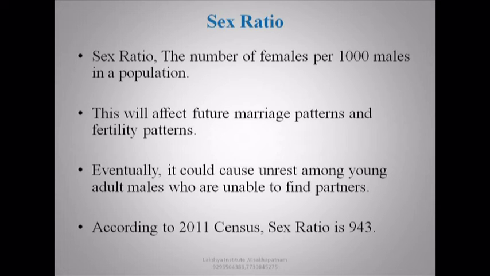This would affect future marriage patterns and fertility patterns. Eventually, it could cause unrest among young adult males who are unable to find partners. According to the 2011 census, the sex ratio is 943.